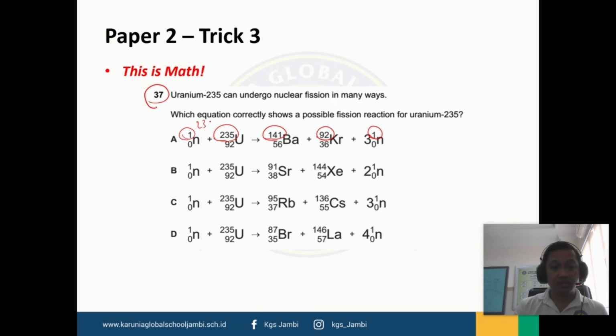Okay, let's check. 235 plus 1 is 236. 141 plus 92 is 233. 233 plus 1 is equal to 234. So definitely this is not the same number.